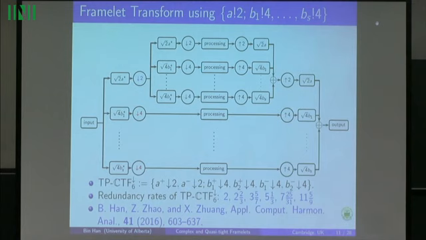For the tensor product complex tight framelets, the redundancy in 1 dimension is 2, in 2 dimensions it is 2.7, in 3 dimensions it is 3.7, and in 4 dimensions it is only 5. So the redundancy rate is very low, and this kind of system is suitable for 2D and 3D. Even going to 4 dimensions is quite feasible, because the redundancy rate is very low.